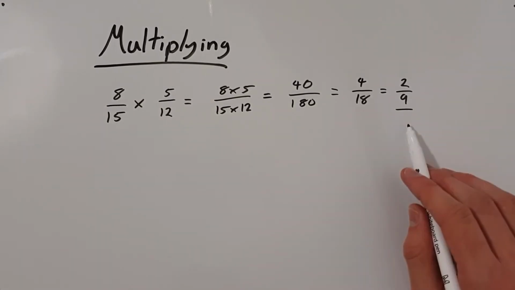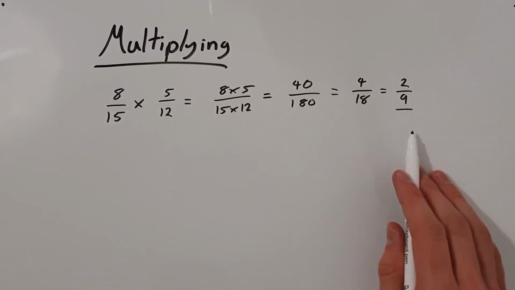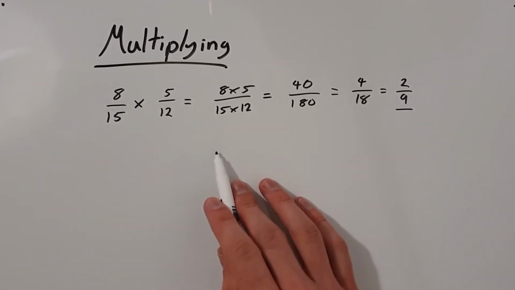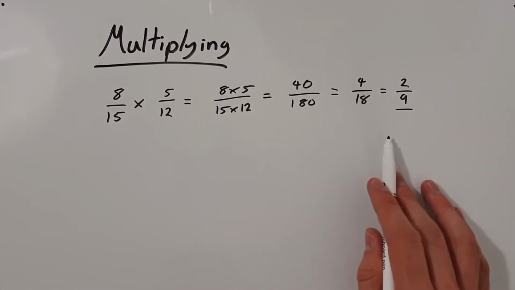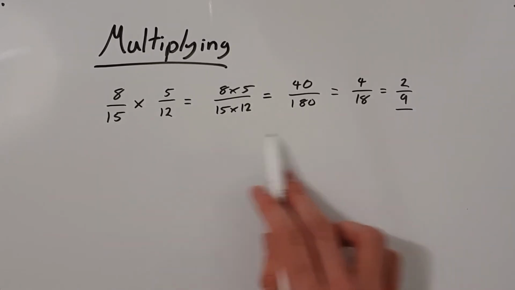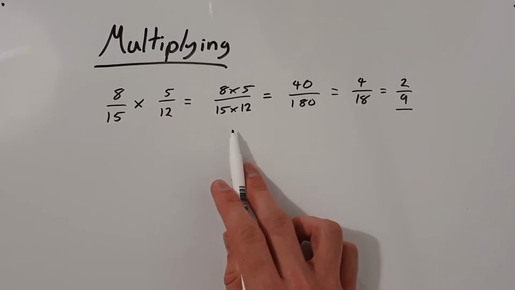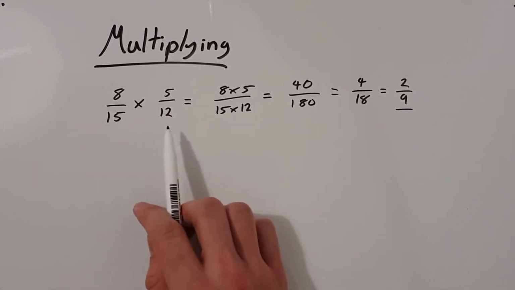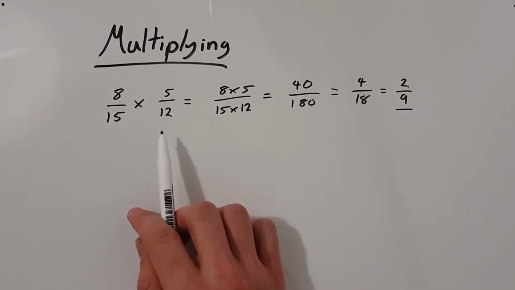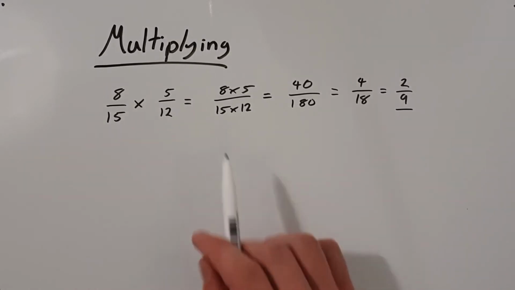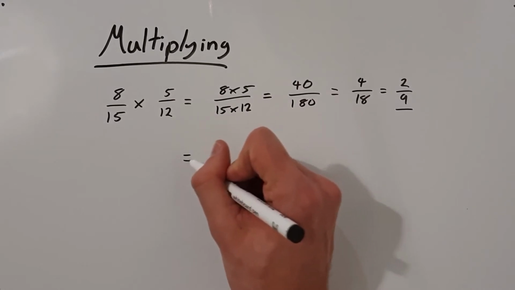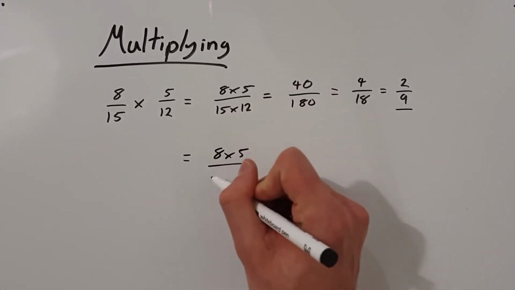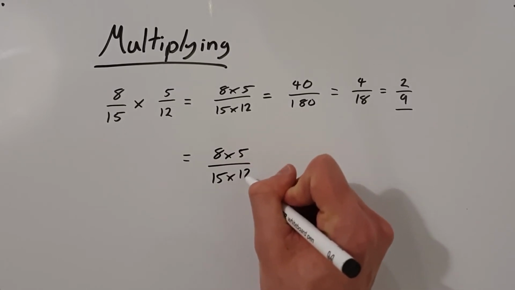Okay, so now what I want to do is run through this problem again, but this time I want to show you how cancelling down earlier in the problem may help you find your answer if you struggle with some of these larger multiples, like this one. So we're going to start where we were before, the 8/15 times 5/12. And we're going to take it back to the 8 times 5 over 15 times 12.